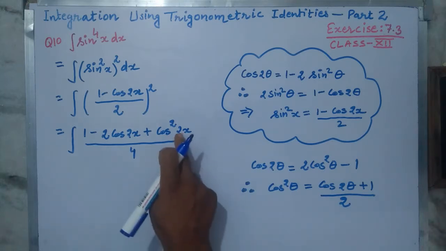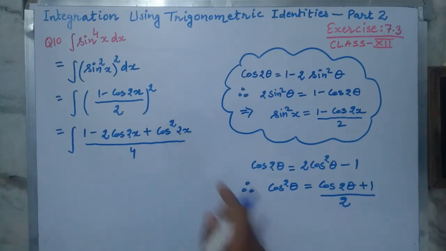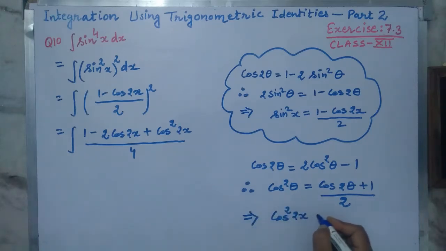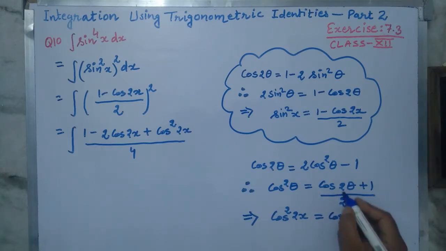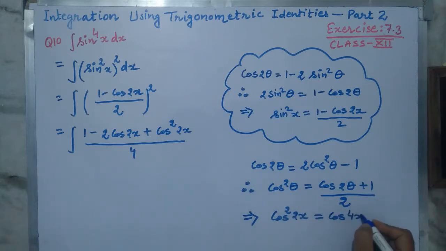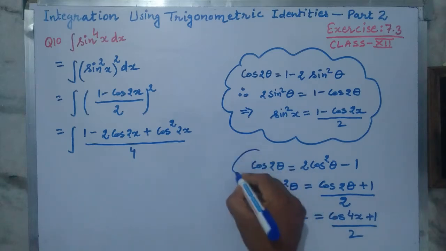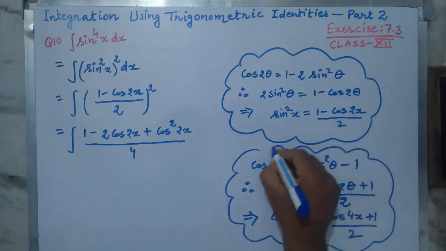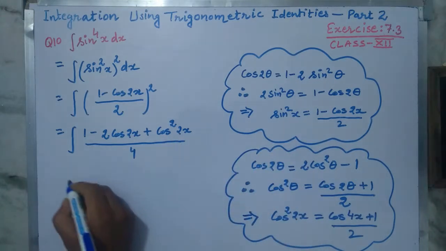So changing this time, theta becomes 2x. So we say cos square of 2x is equal to cos 4x plus 1 upon 2. So this is the second identity of cos 2 theta we are going to apply in the question.